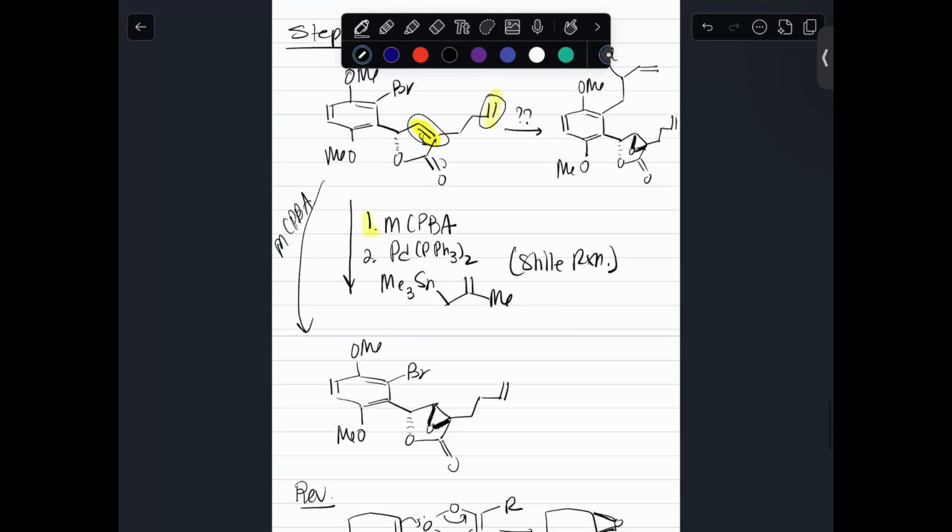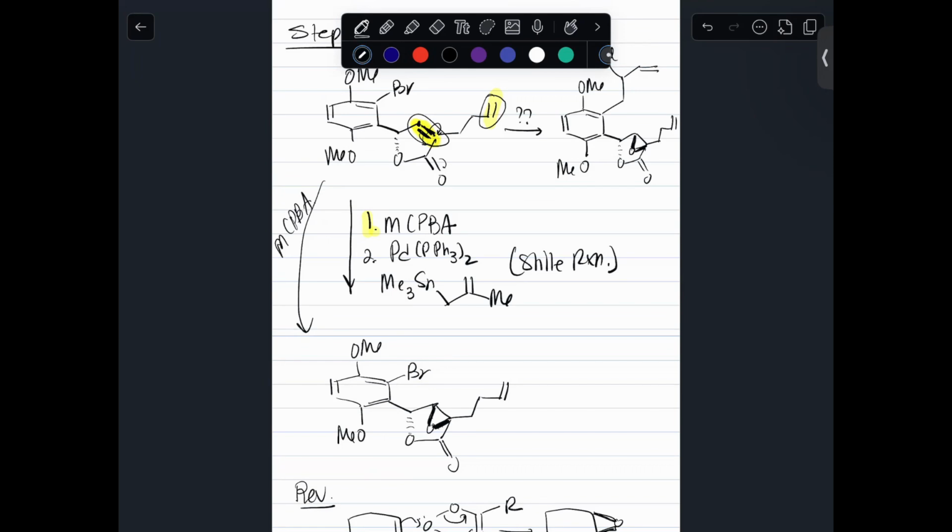Because we have a conjugated system, right? This has resonance towards the carbonyl, making it an electrophilic carbon so that the oxygen can come in and attack. Really clever what they did, epoxidizing that alkene specifically.